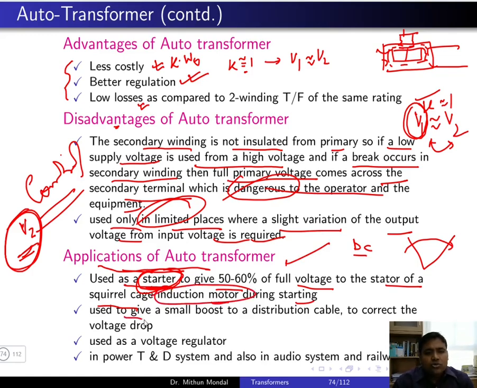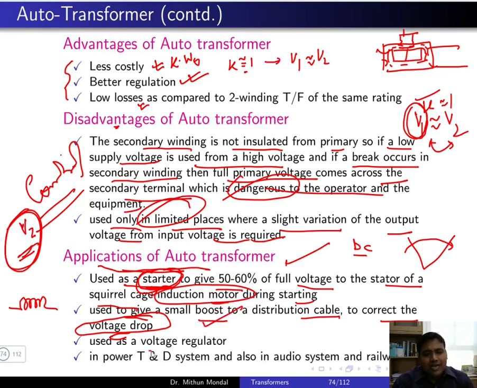Second, it is used to give a small boost to a distribution cable to correct the voltage drop. This voltage drop is basically due to the inductor. When an inductor is there in the distribution cable, there is a voltage drop due to the loss, so the auto transformer will boost the voltage.